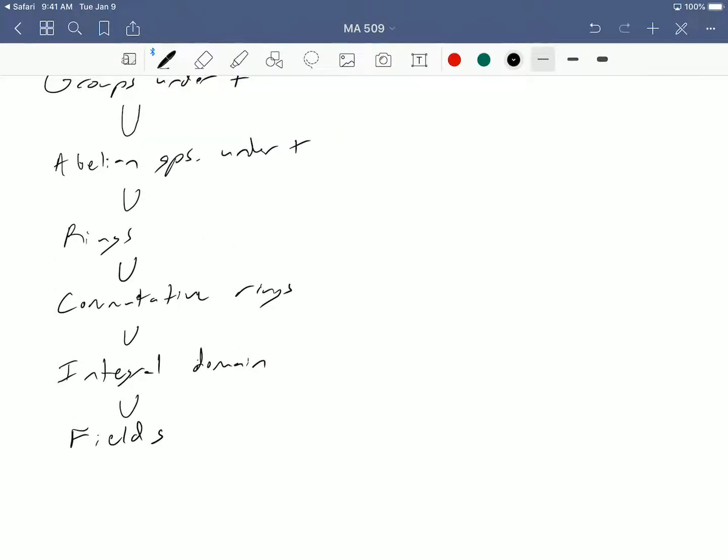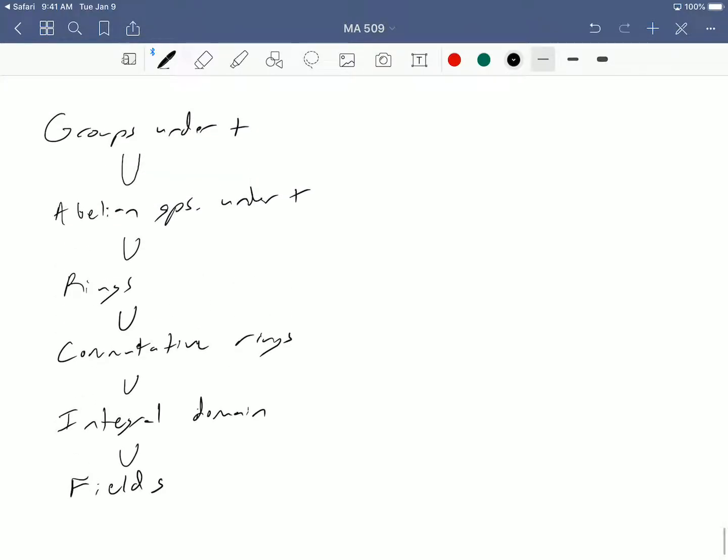So I've used this subset notation kind of sideways here to show a hierarchy. I'm going to draw a little Venn diagram of it if that's a better way for you to think about it also, but first let me give some examples. So let's start with the fields. The real numbers were a great example of fields, or the rational numbers. And because they're fields, it means they are also all the rest of these things.